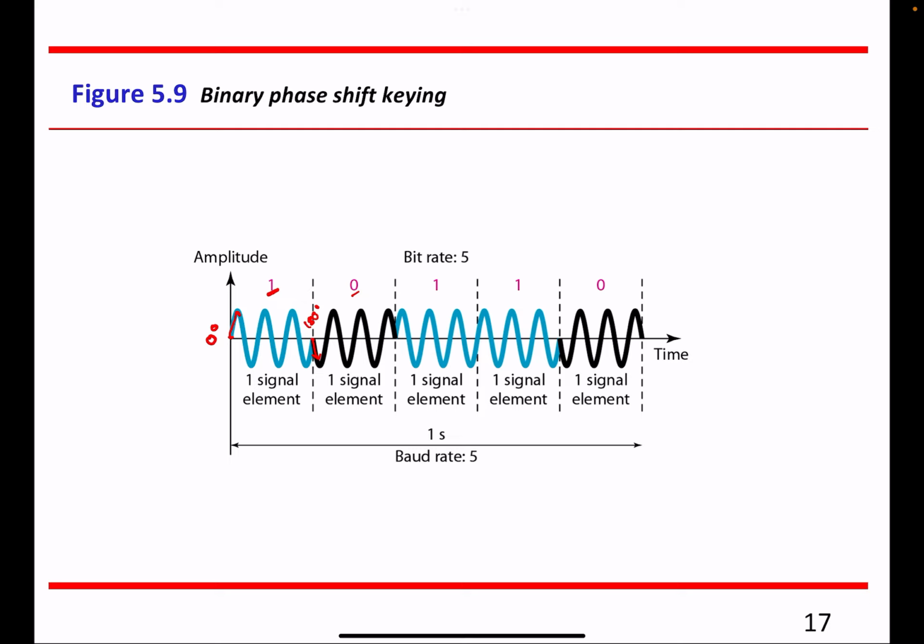So basically for 1, here we are using 0 degree phase, and for 0 we are using 180 degree phase. Based on this phase for each signal element, the receiver can identify whether we have sent 0 bit or 1 bit.